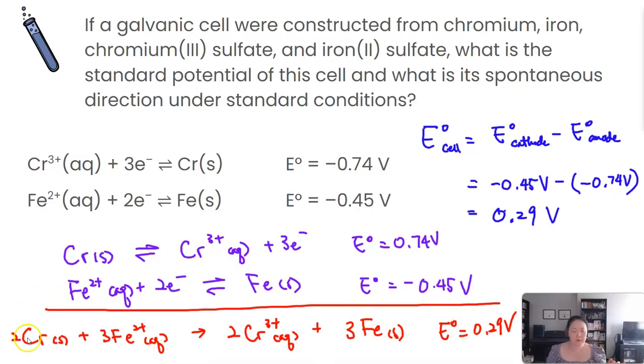Now note that we did have to add in some coefficients while we were balancing that redox reaction, but also note that our cell potential doesn't actually change even though you have to multiply some of these reactions by a coefficient to make it balance.